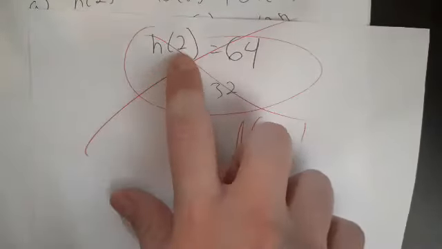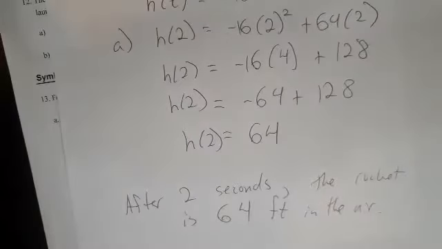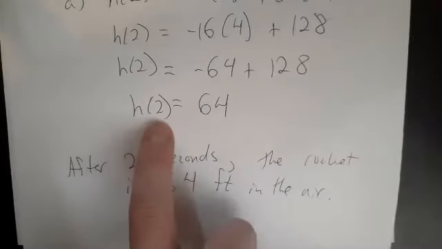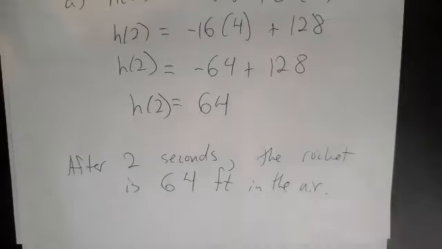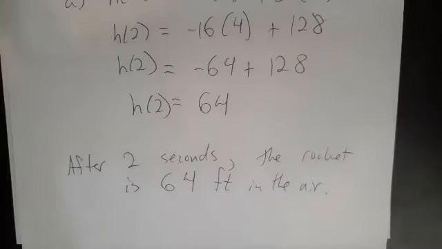This is function notation. This means when I plug in 2 into my function, I'm going to get 64. This is the correct interpretation of what this means, right? This is not multiplication. So do not look at this as multiplication. We are plugging things in, is what we are doing. That's what I did up here.